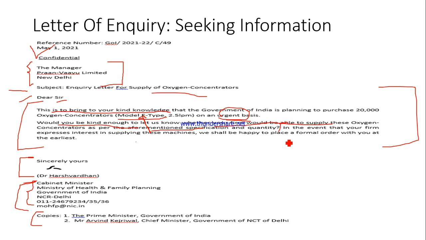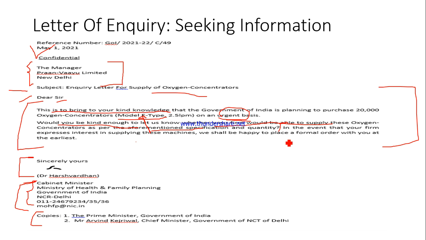Fine. So as of now, we are only seeking this information whether they have the ability to supply it to us and on an urgent basis. Right. So this is an example of a letter of inquiry. Later on, we'll also understand how to place orders, right? That we will be doing a little later in one of the forthcoming sessions.